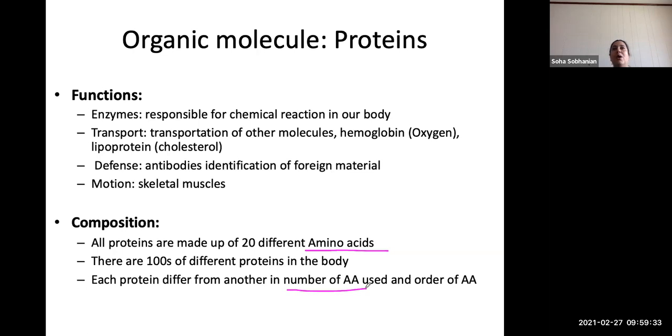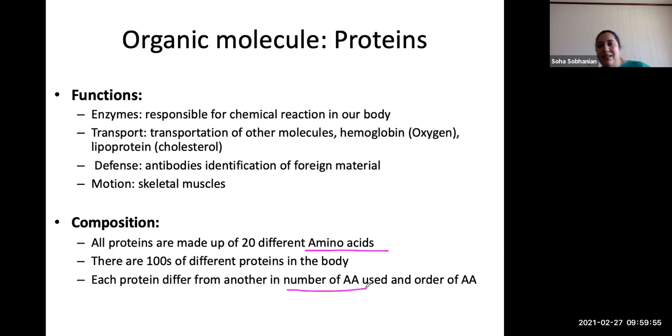Did I do 1 amino acid, 2, 3, 4, 5, 6, 7, 8, 9, 10? Or did I do 1, 3, 5, 7, 9, 10, 11? So the order of the amino acids that helped me build that protein is important. And how many of those amino acids did I use to make those proteins?